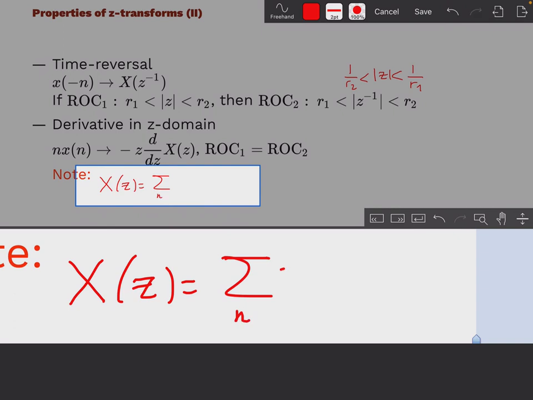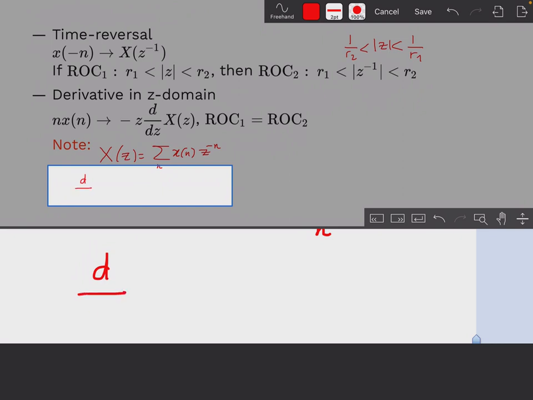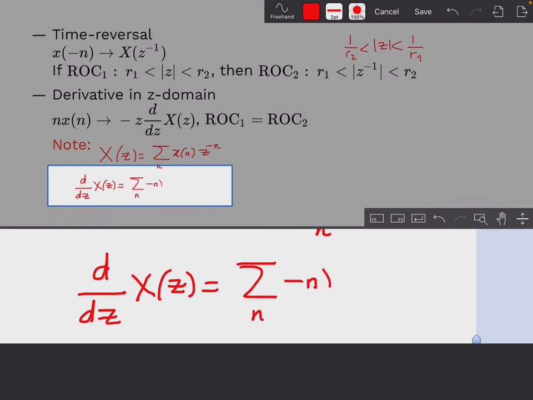For any n, x of n, z to the power minus n, so this is our direct Z transform, and we want to get the derivative with respect to z, so d over dz of X of z is equal to, for all n, minus n, times x of n, z to the power minus n plus 1.